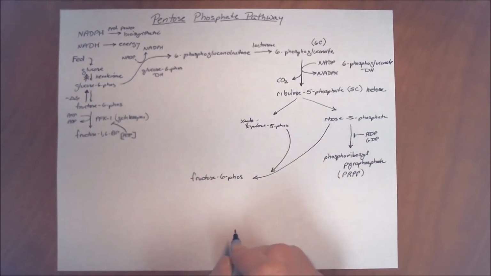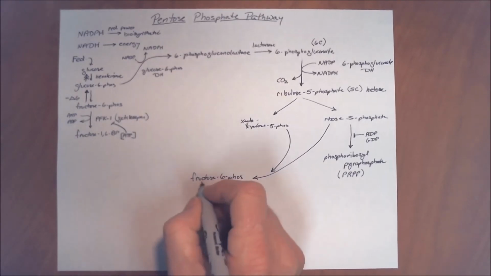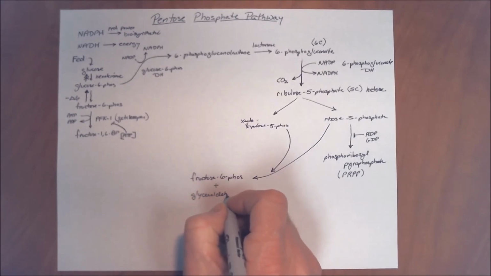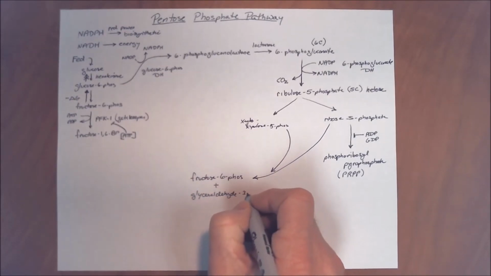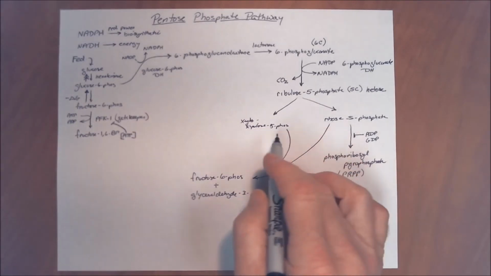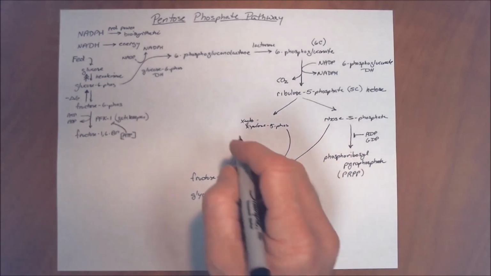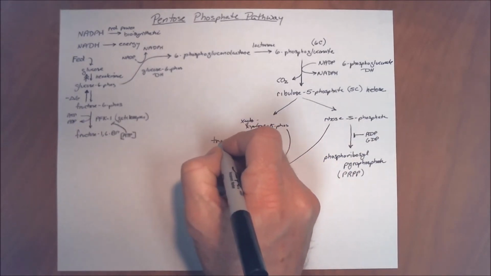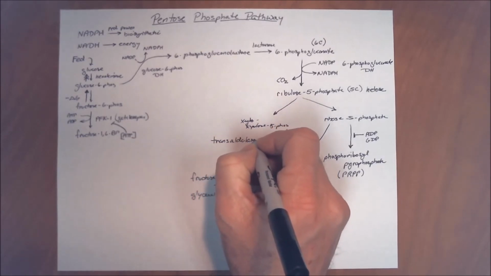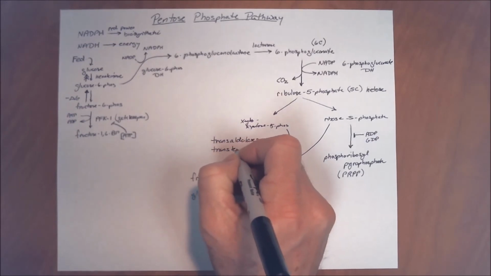And they return the products back to glycolysis at the level of fructose 6-phosphate and glyceraldehyde 3-phosphate. There's a series of reactions that occur here for this transformation, and the primary information is to know that the enzymes are called transaldolases and transketolases.